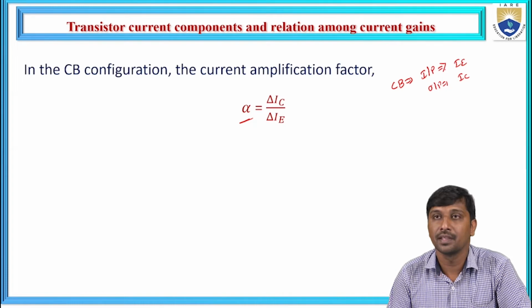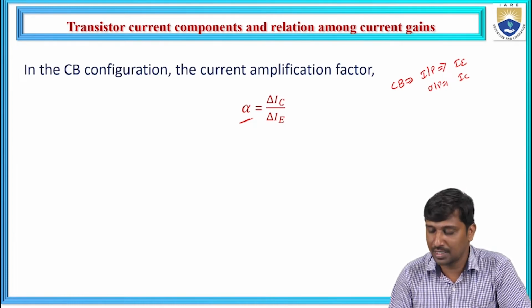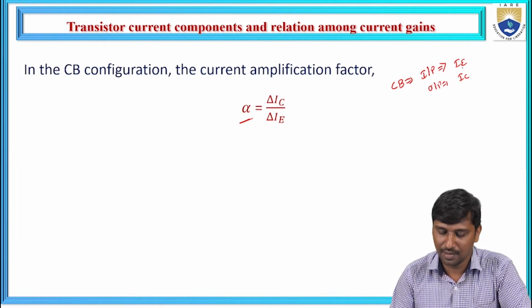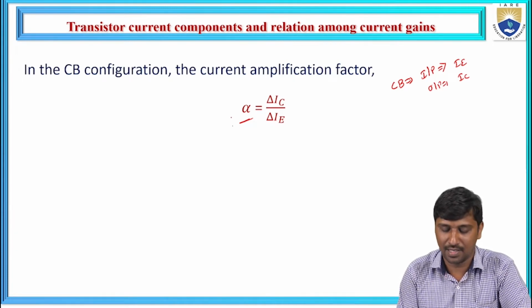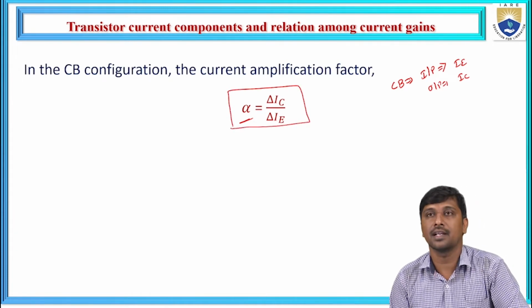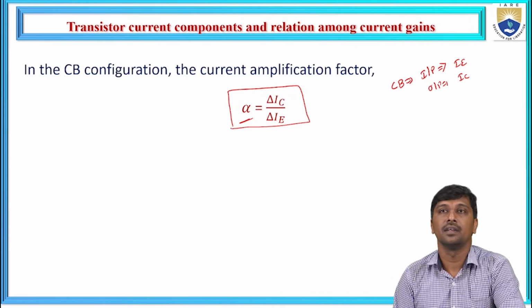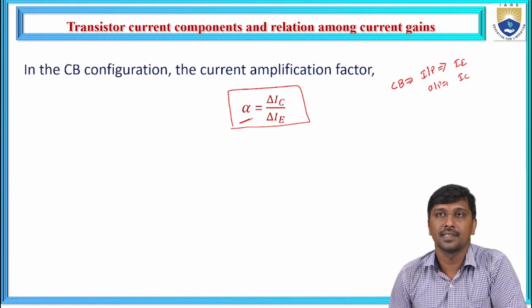So it is the rate of change of collector current with respect to the rate of change of emitter current. This is the DC current gain, or current amplification factor, in a common base configuration.